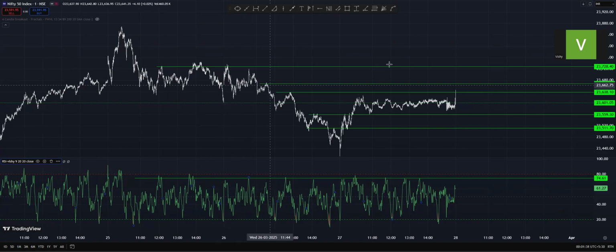Okay, there seems to be some problem. So RSI 9, we need to follow RSI 9, and this 80 line. I consider 80 as overbought and 20 as oversold condition, and I don't use any moving averages on RSI.